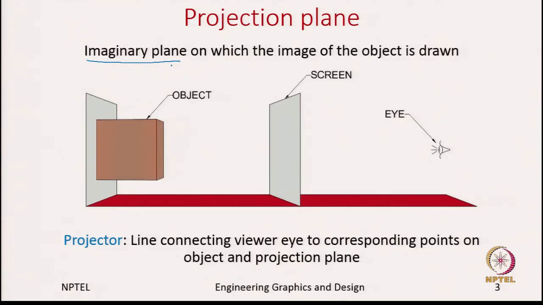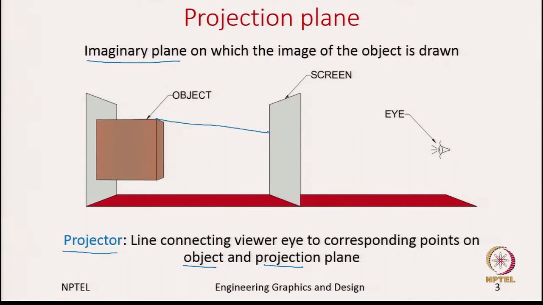Here we need to introduce a new terminology called a projector. What is it? It is a line connecting the viewer's eye to the corresponding points on the object and projection plane. Let us say we take a point on the object and we draw a straight line connecting this point to the observer.